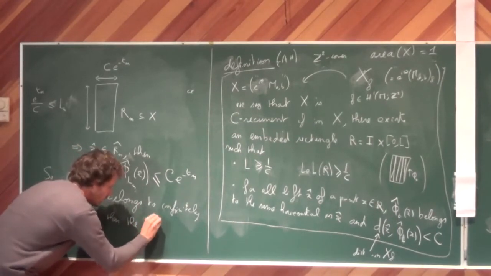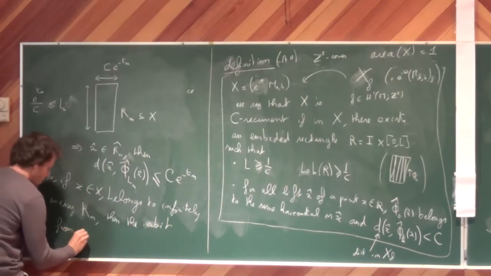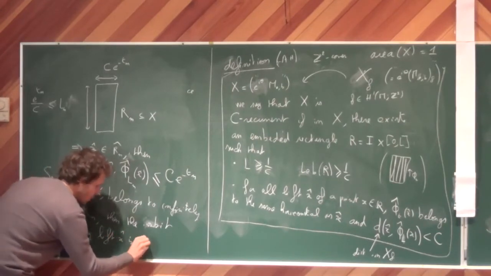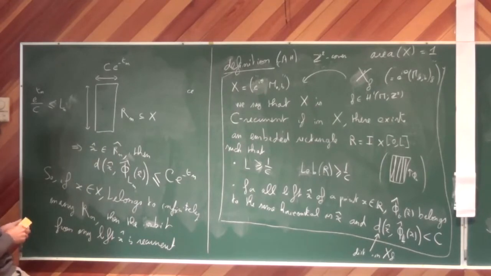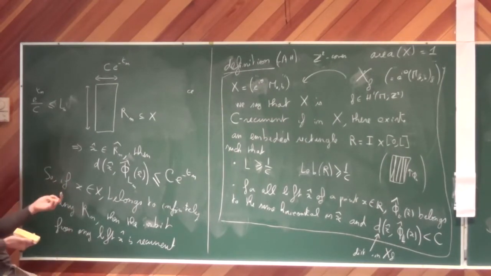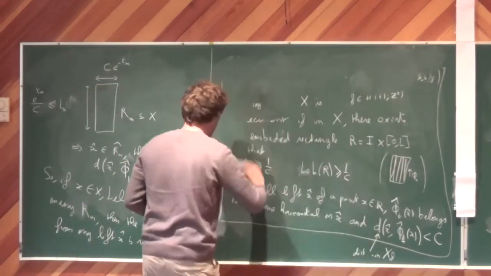The orbit of the linear flow from x hat, from any lift x hat, is recurrent. Alright? So what I want to show is that any x belongs to infinitely many Rn. It should remind you of a kind of Borel-Cantelli, and this is exactly how the proof works. There is a Borel-Cantelli there.